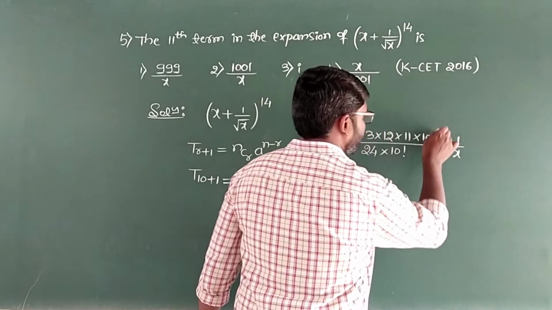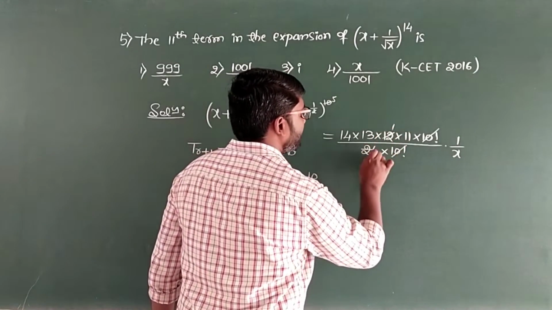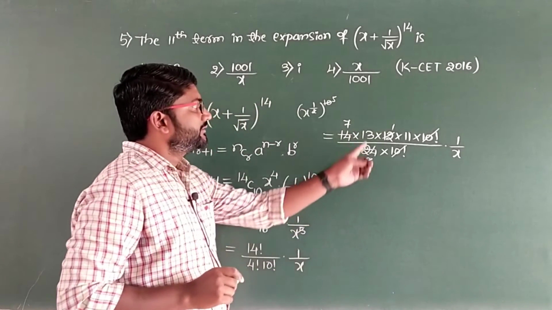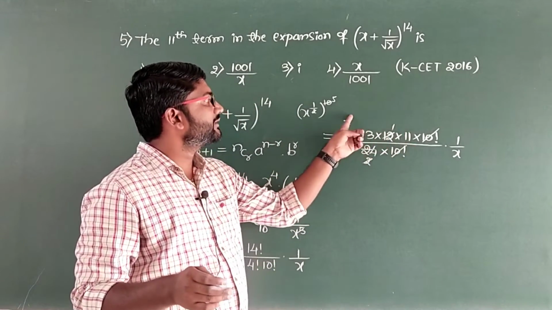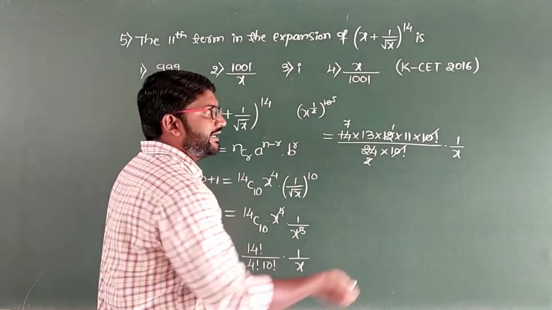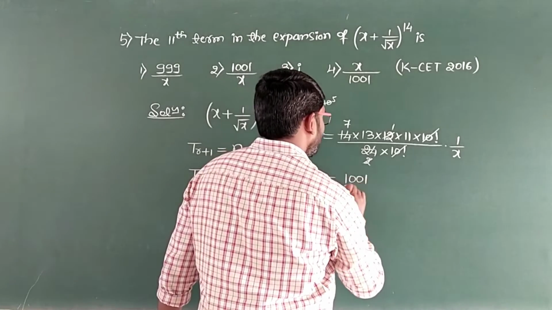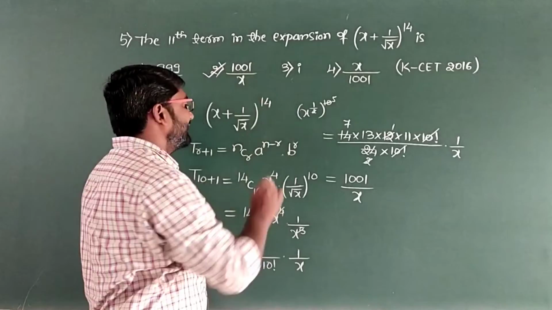So simplify this further. 10 factorial gets cancelled. 12 ones are 12, 2s are again 2, 1s are 2, 7s are. So now 13 into 11 will be 143, 143 into 7 will be 1001, and you have x in the denominator. Overall we get 1001 by x. So search for the options now. Option 2 is the right answer.